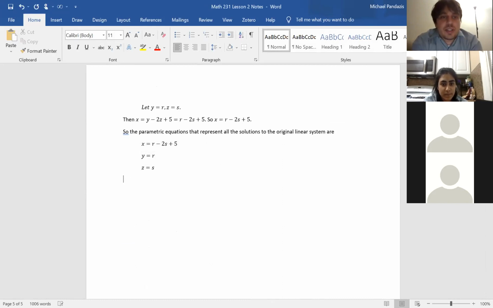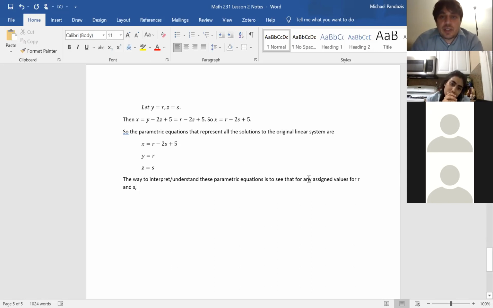Okay, the way to interpret and understand these parametric equations is to see that for any assigned values for r and s, for each assignment of values for r and s, you have correspondingly values for x, y, and z, such that the ordered triple x, y, z is a solution to the original linear system.